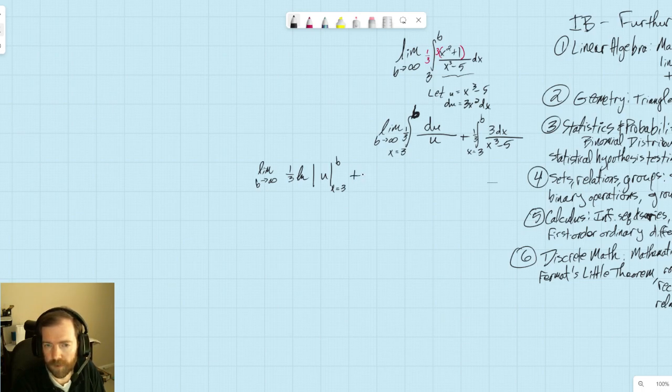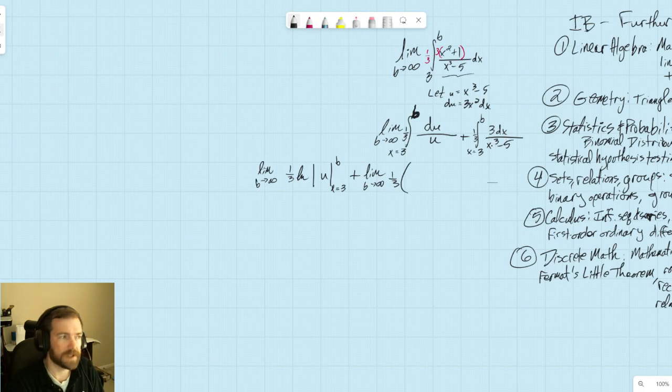Okay, and then plus, we can separate out the limits. The limit as b goes to infinity of 1/3. Now what's going to happen is this integral needs to be broken up. It needs to be split into multiple integrals in order to work out what each of the separate pieces are.